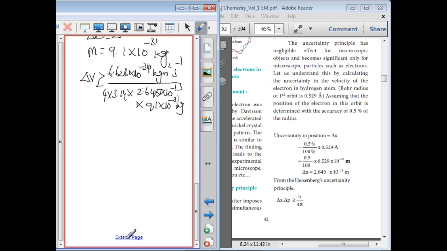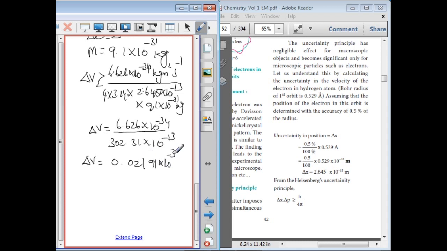So delta v equals 6.626 into 10 power minus 34 divided by 302.31 into 10 power minus 44. So delta v equals 0.02191 into 10 power 10.